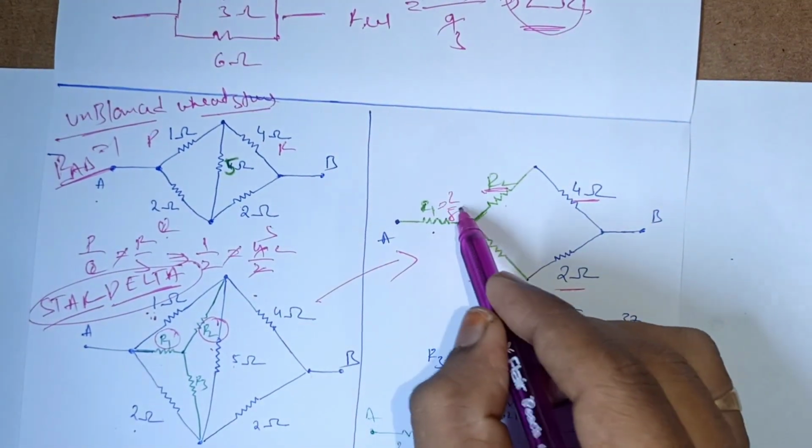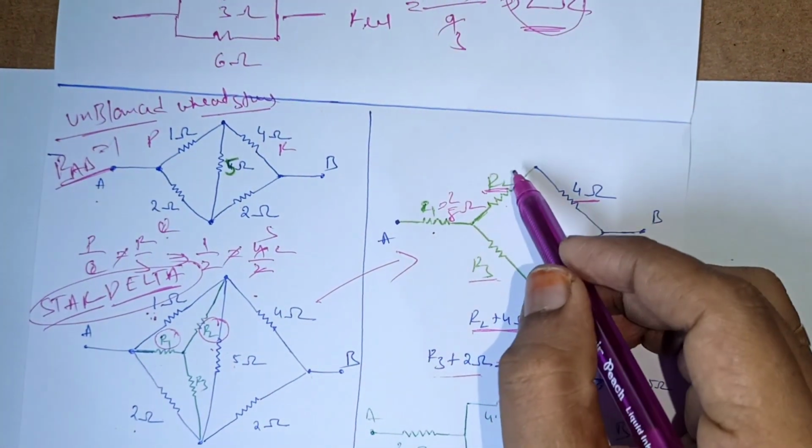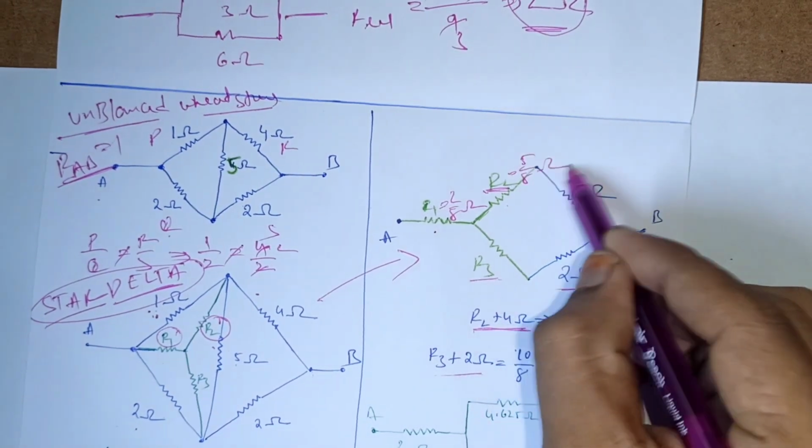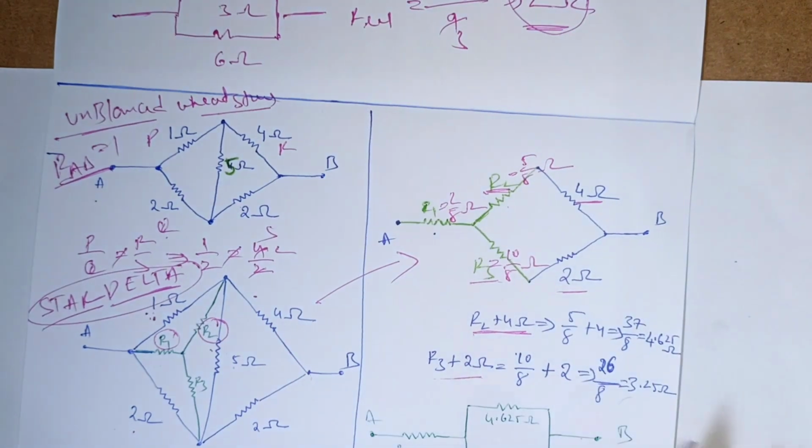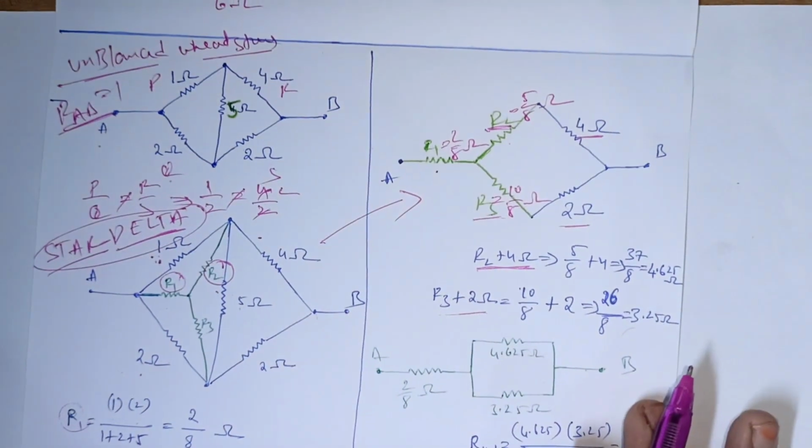R1 is 2 by 8 ohm, R2 is 5 by 8 ohm, R3 is 10 by 8 ohm. These are the three resistors.